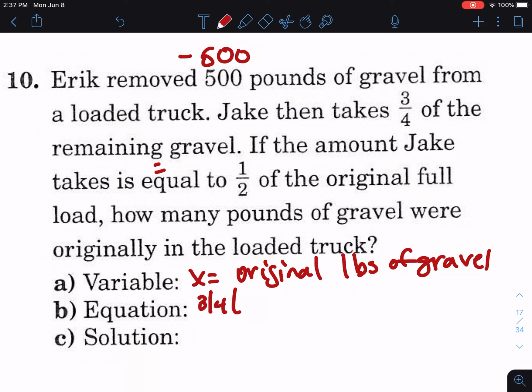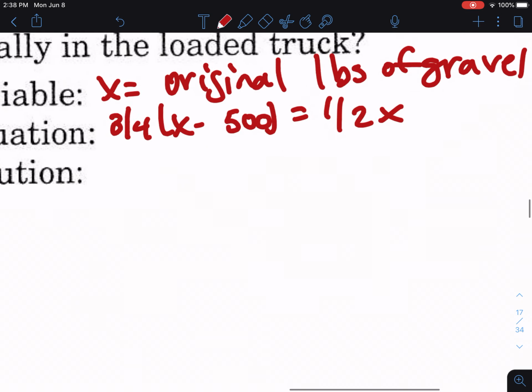3/4 of this total, the original G minus 500 equals 1/2. Oh, I want to put X. I'm sorry, not G. X minus 500, 1/2 X. Okay, so that's our equation.